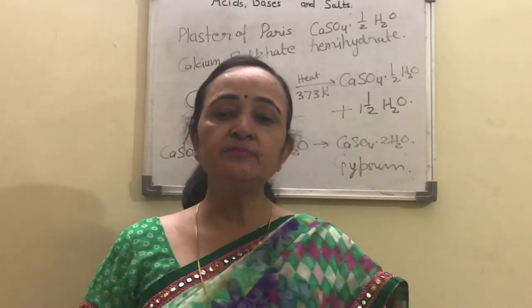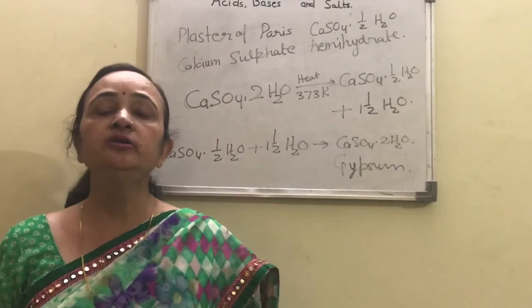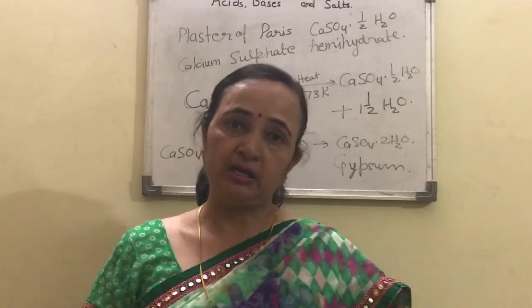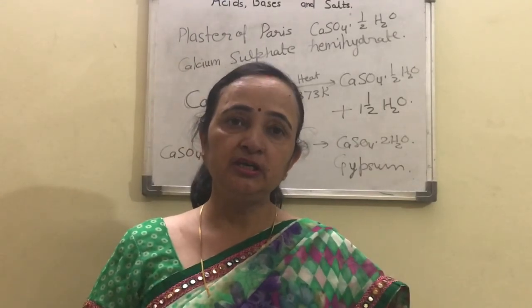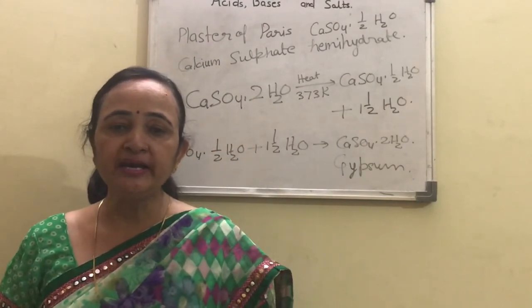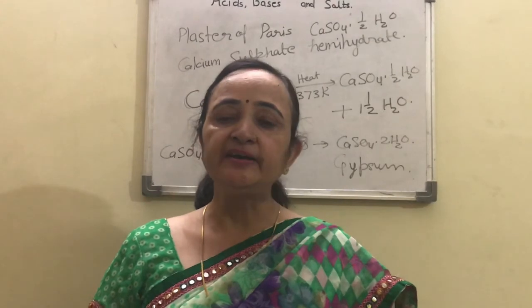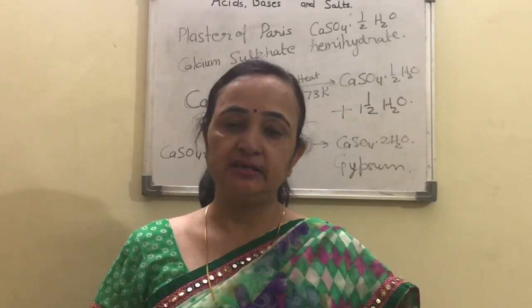Then name the sodium compound which is used for softening hard water. As already I told you, that is the washing soda, that is Na2CO3.10H2O. Then question number 4 is what will happen if a solution of sodium hydrogen carbonate is heated?